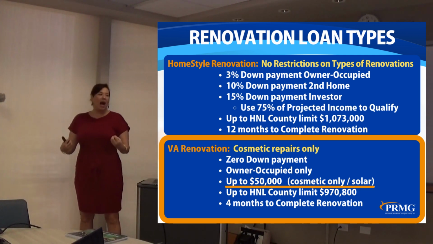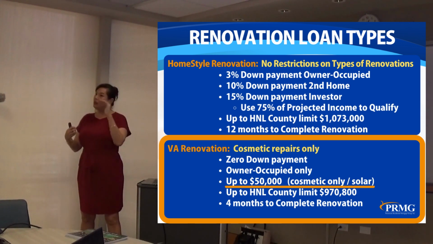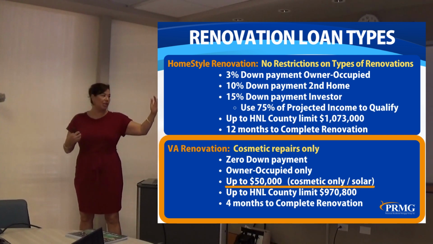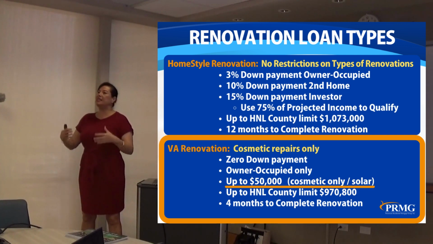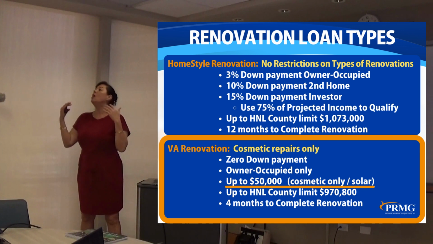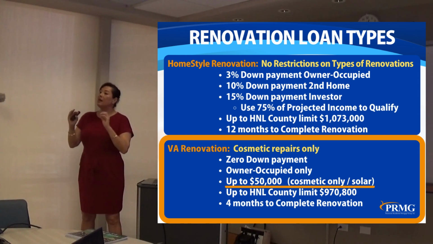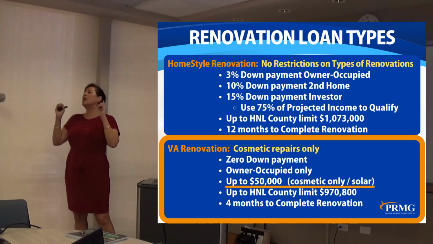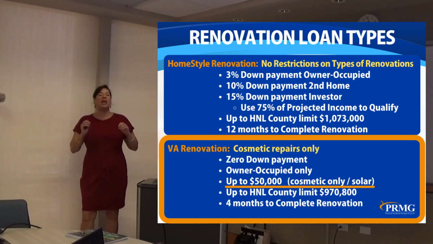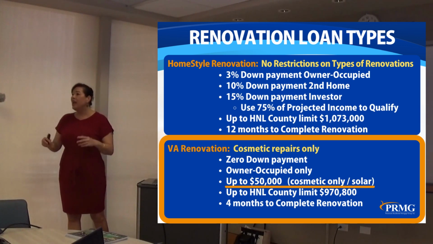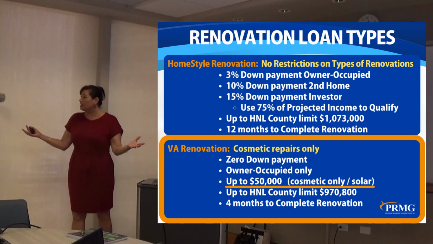So that is why when we're dealing with the VA loan, that is the only one that does not have a limited and a major version, because the reality of it is that they want the veteran to be able to move in right away. Move in, customize, get your cabinets, get your flooring, update your bathroom, but you need to be able to be living in that home right away because you've only got 3 or 4 years, right?